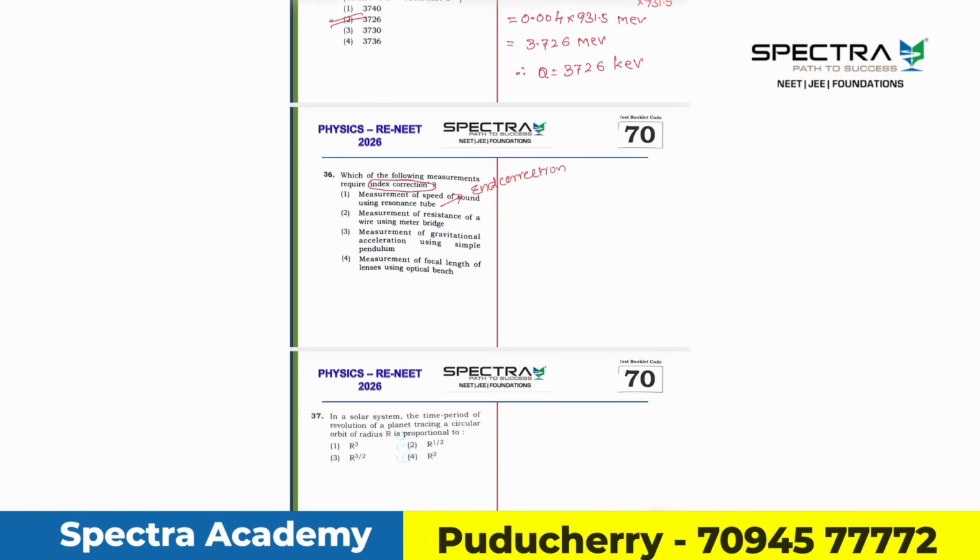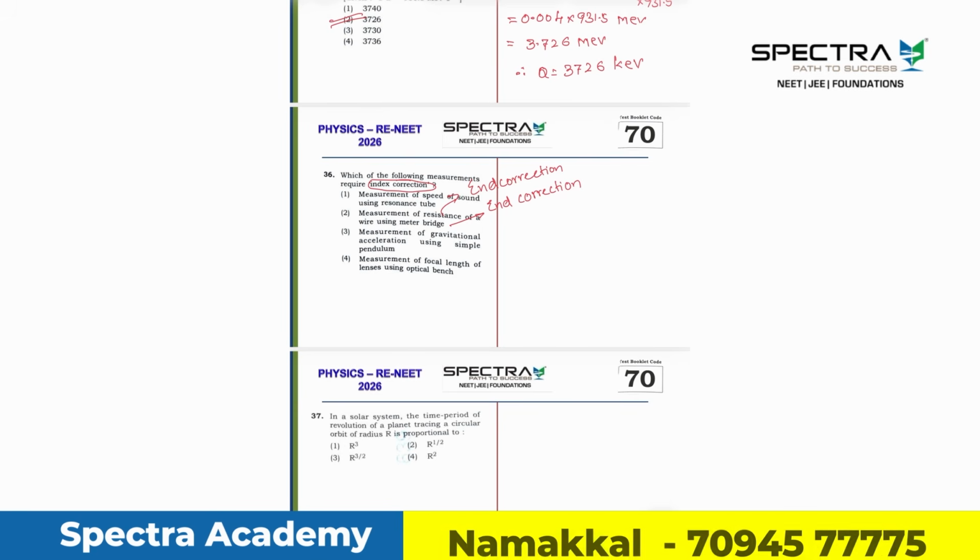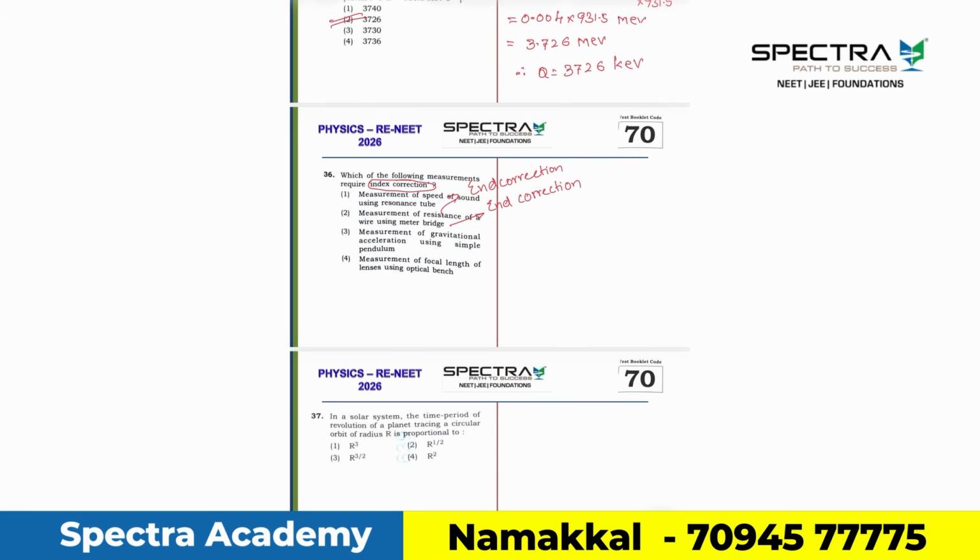Okay, measurement of resistance of a wire using meter bridge also uses end correction. And measurement of gravitational acceleration using simple pendulum can be done by normal scale or normal measurement. So no need of any corrections here.